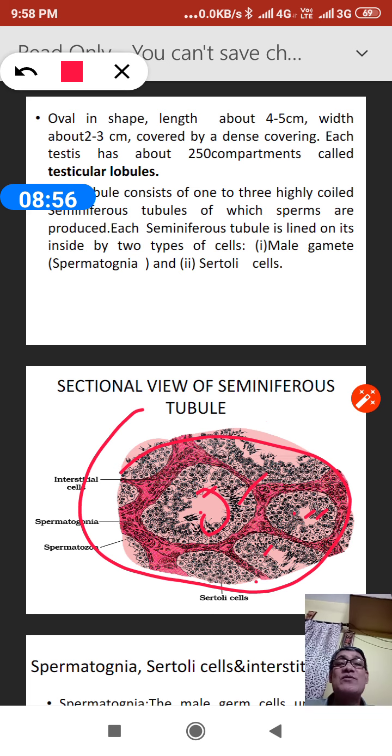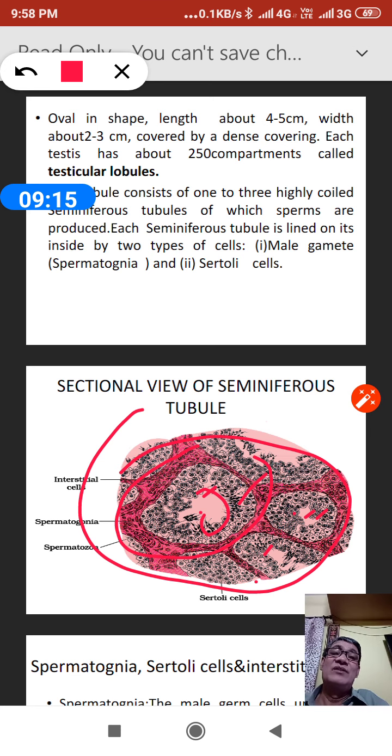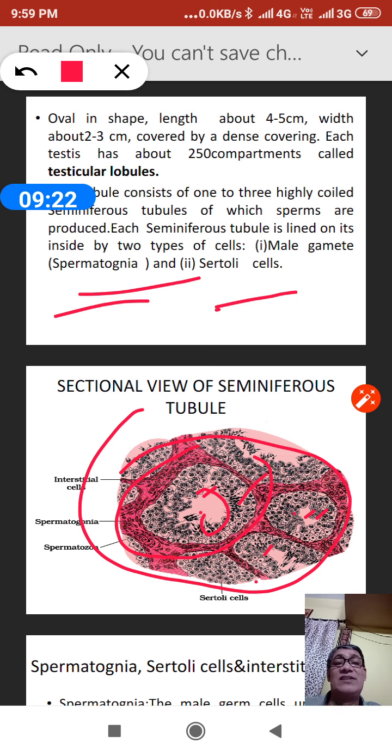Within the seminiferous tubule, these are the sperms which are produced inside. The seminiferous tubule is lined by two types of cells: one is the male gamete, called spermatogonia, and the second is the Sertoli cell.